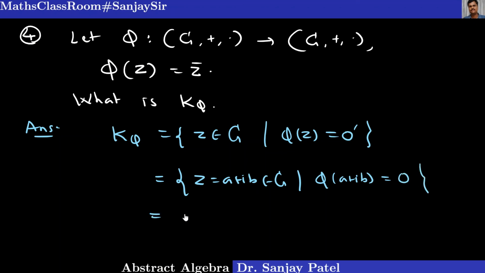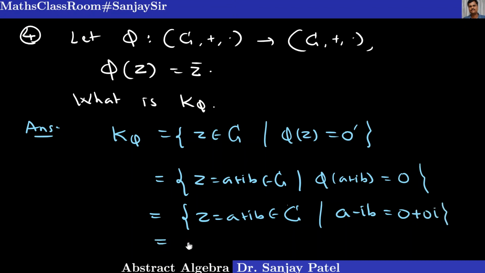And this is nothing but the set of all z equal to a plus ib belongs to C such that a minus ib is equal to 0. Phi of a plus ib is equal to the conjugate of a plus ib, that is a minus ib, and this 0 is 0 plus 0i.